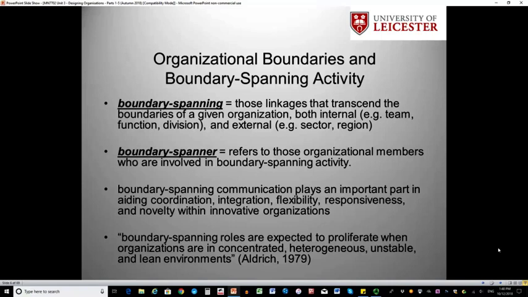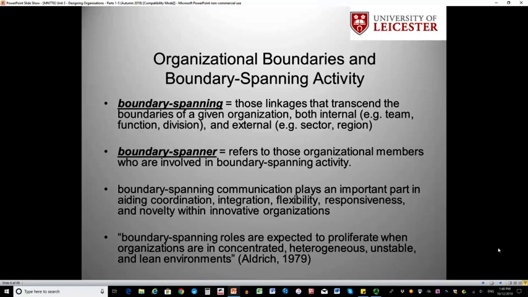And these boundaries might be internal boundaries within the organisation, so there might be boundaries between teams, between functions, between divisions. But there might also be external boundaries, and those boundaries might be between different sectors, between the sector in which your organisation operates and other sectors, between different geographical regions, etc.